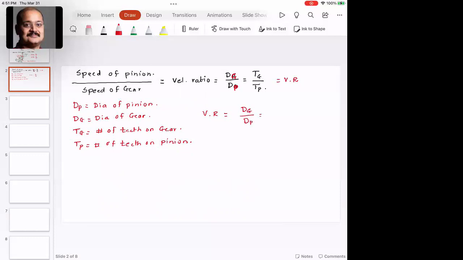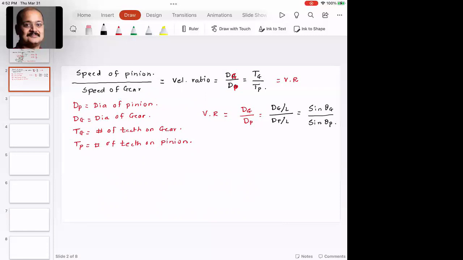I'm going to divide by L. So dg divided by L, dp divided by L, and this gives me sine theta g divided by sine theta p. So first and foremost thing, when we are going to design the bevel gear, is to find what is the semicone angle. And semicone angle theta p and theta g can be found out based on the velocity ratio equation.